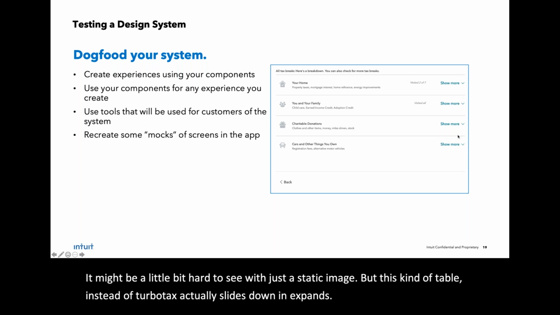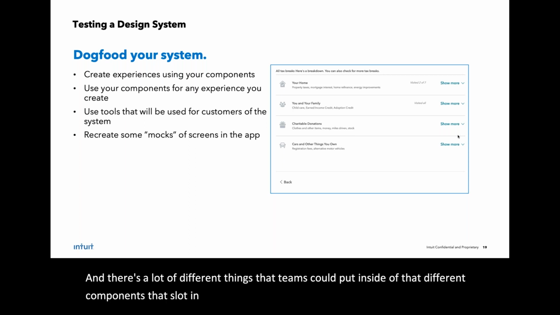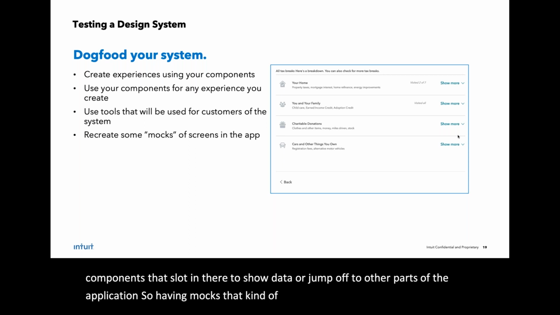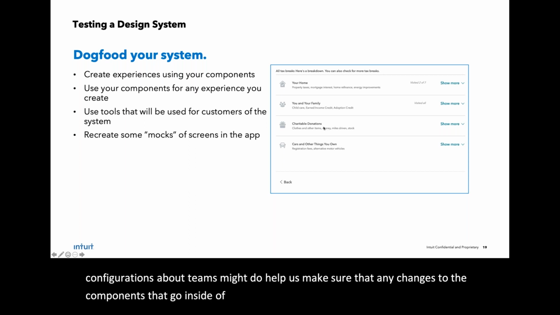And there's a lot of different things that teams could put inside of that, different components that slot in there to show data or jump off to other parts of the application. So having mocks that showcase that with different configurations of what teams might do helps us make sure that any changes to the components that go inside of it still work properly.